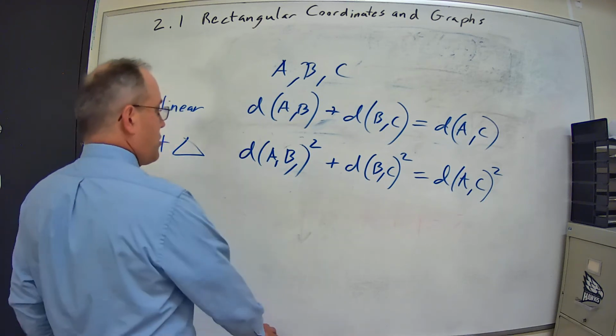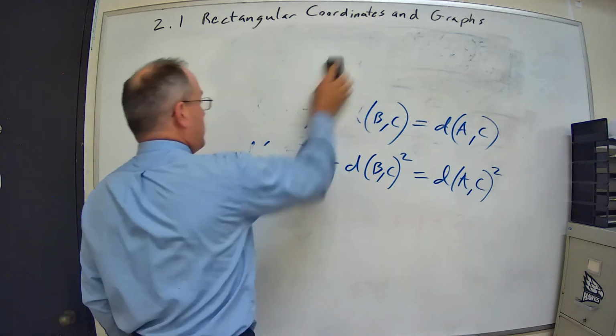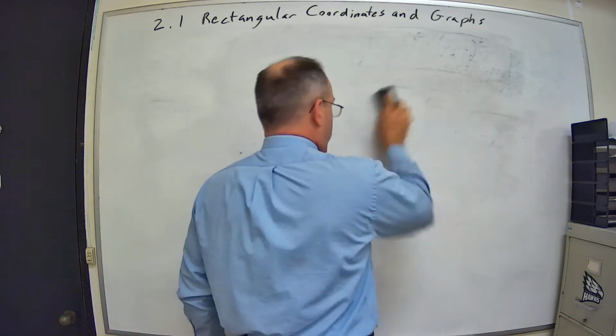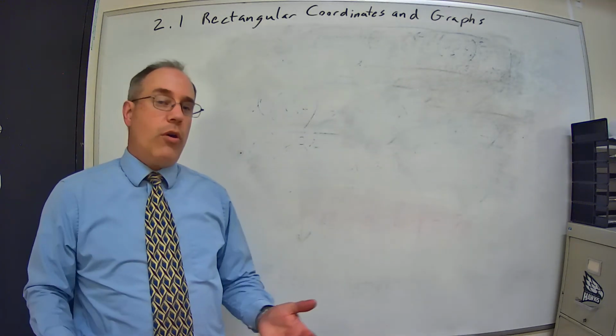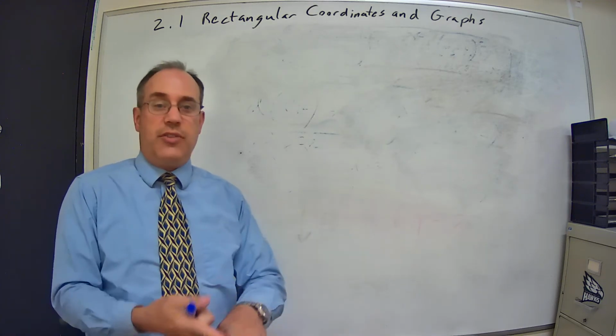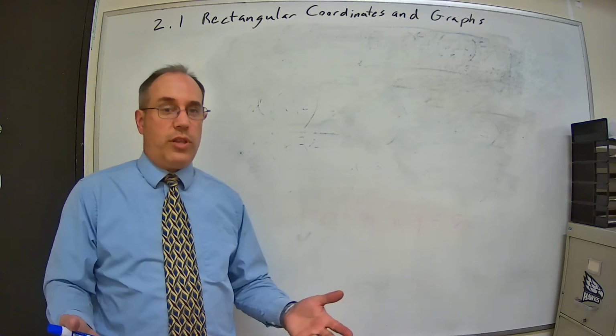Well, let's take a look at some examples and see if we can determine whether we have collinearity, meaning they're all in the same line, whether we have 3 points that form a right triangle, or we just have 3 points. So we'd say neither. It's neither a right triangle, nor is it collinear.